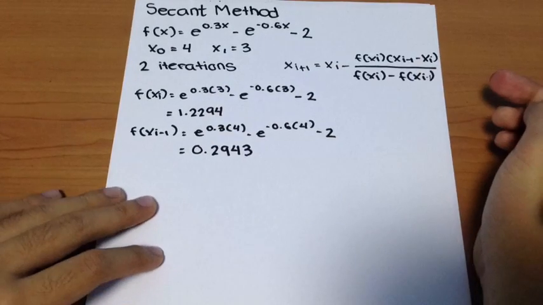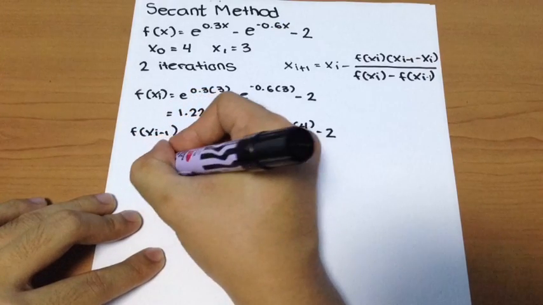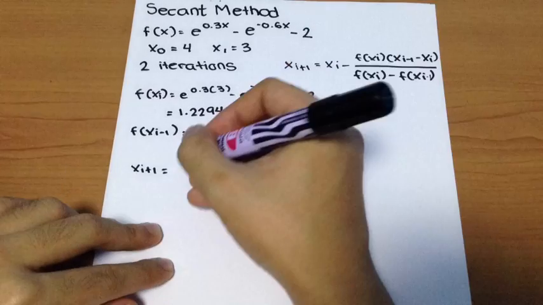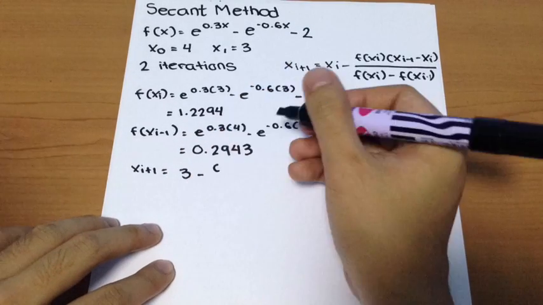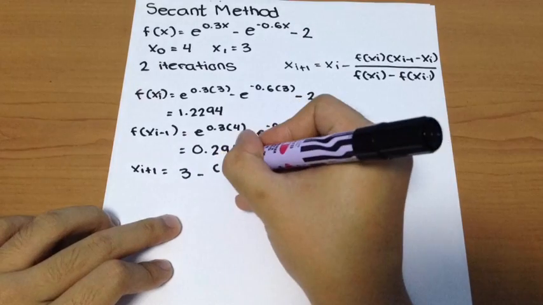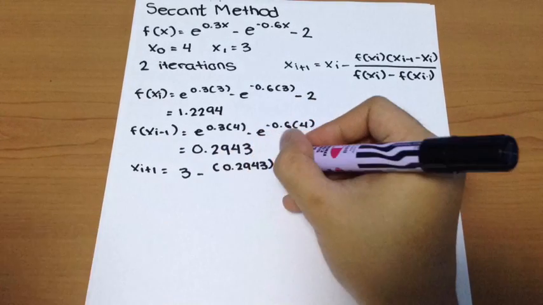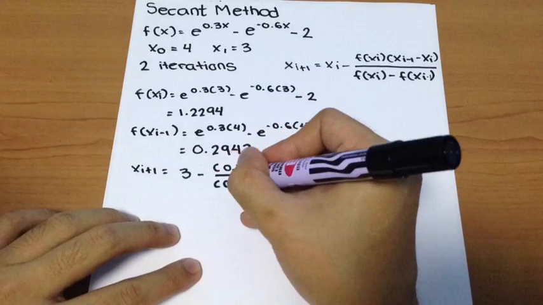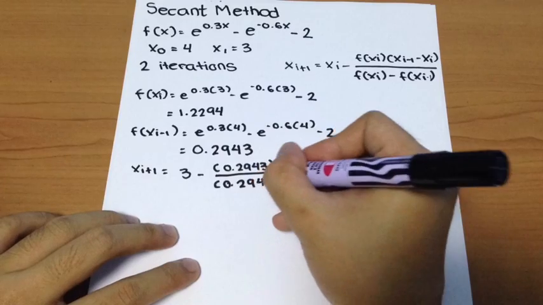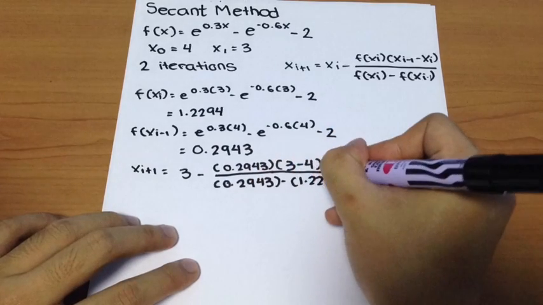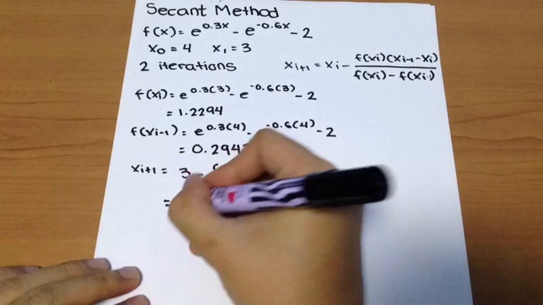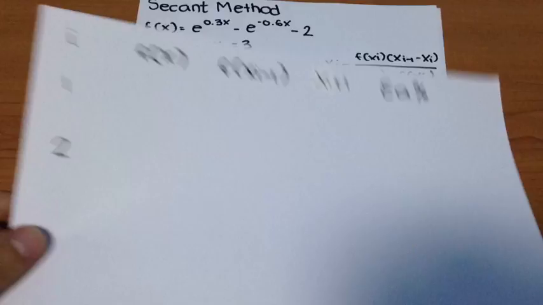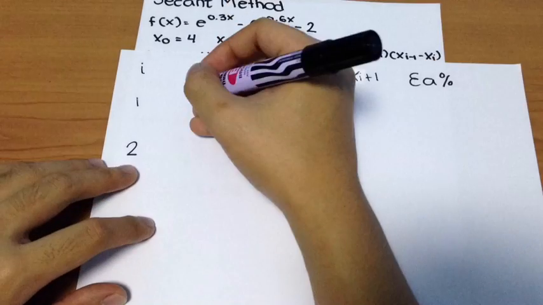So what we do next is that we substitute those functions on our general equation to get the x_{i+1}, and we place those values on our table for our iteration 1.